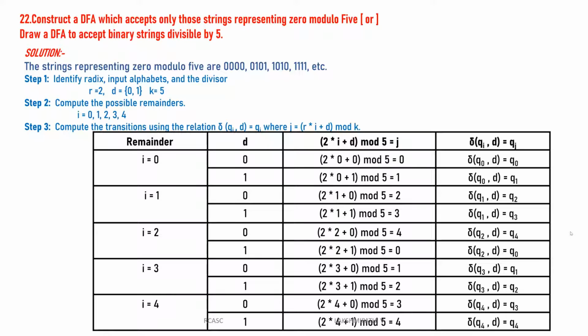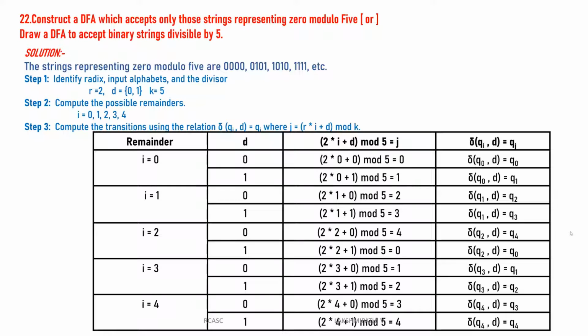See, this is 1, D is 1. Q0 of 1 is equal to, what is the J value? 1. Then it is Q of 1. See, this indicates Q0 reads 0, it will go to Q0 only. Q0 reads 1, it will go to Q1. Then the same thing will repeat here. The I is equal to 1. Then 0 and 1. So one more thing, see the possibilities.